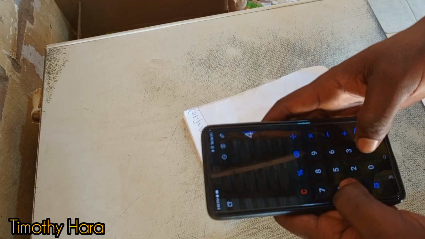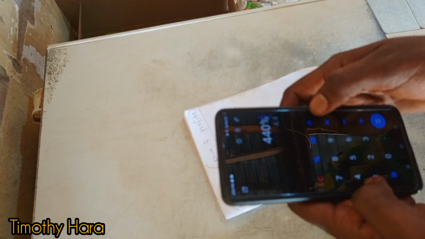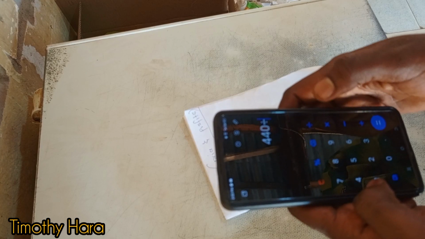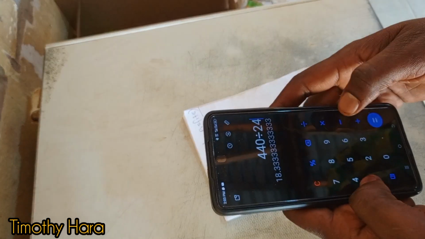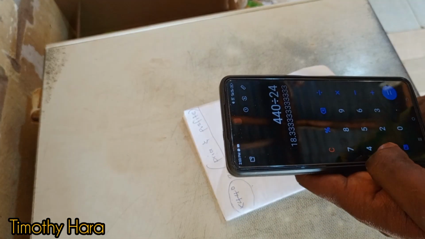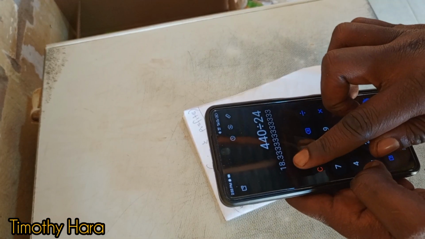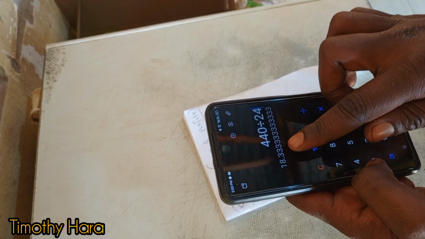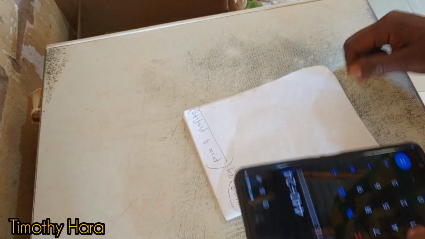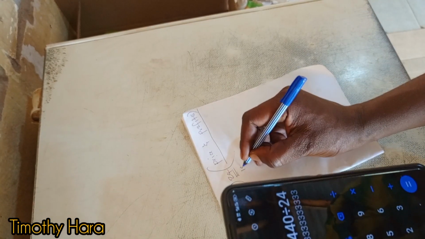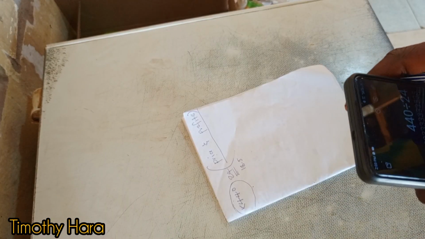So I'm going to do 440 divided by the number of bottles, 24. You see. Which means here they are selling each bottle at around 18 kwacha 0.3, or let me just say 18 kwacha 5 ngwe.